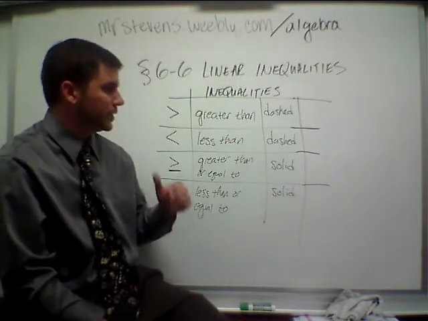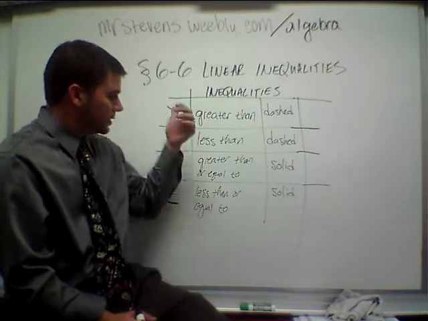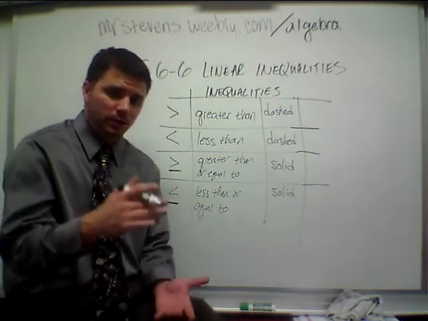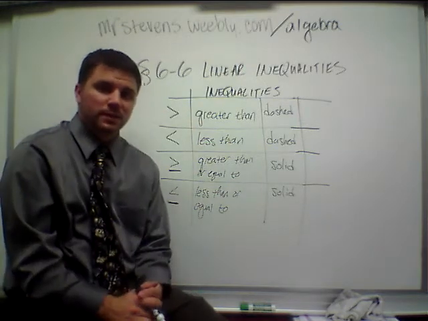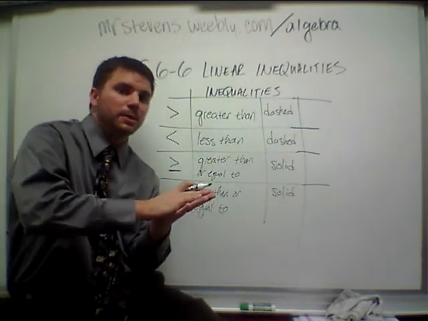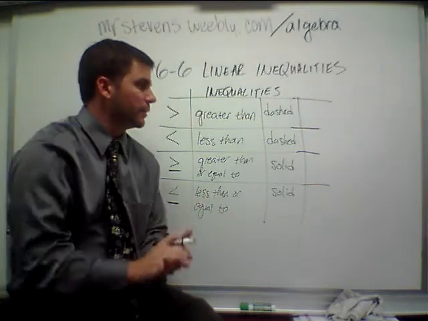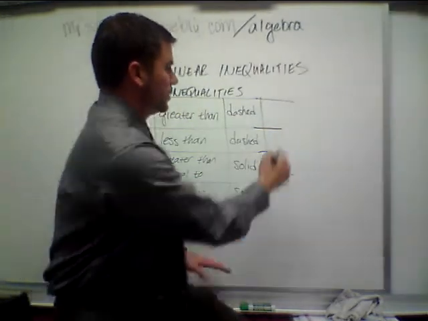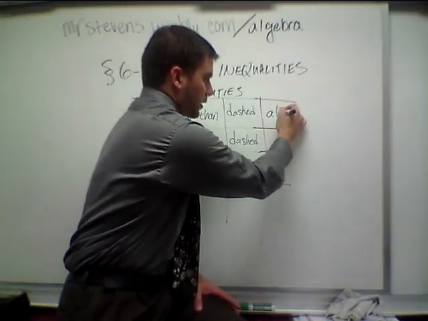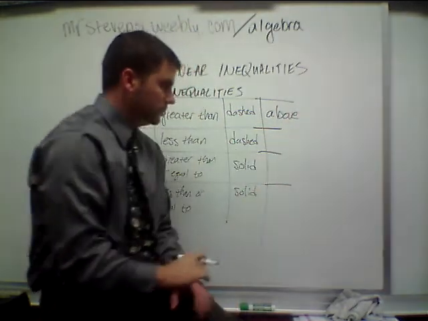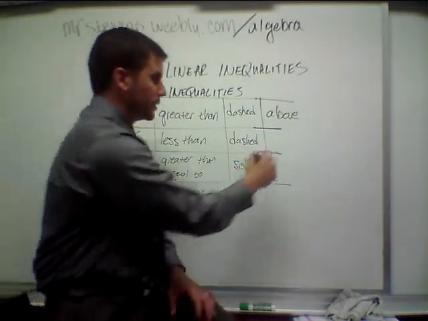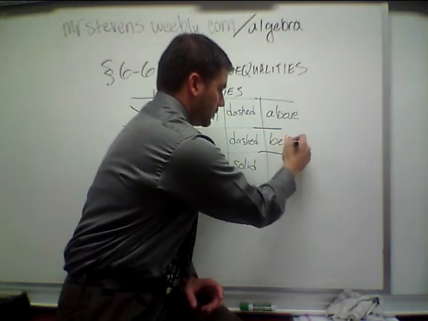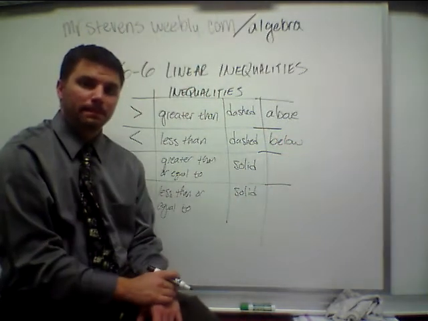Now, the tricky part for us is knowing what way to shade an inequality when we're graphing it. So the greater than symbol means that we're going to be picking numbers that are larger than the number that we already have. So when we shade our graph, we are going to shade above. Less than means that we are going to shade below.